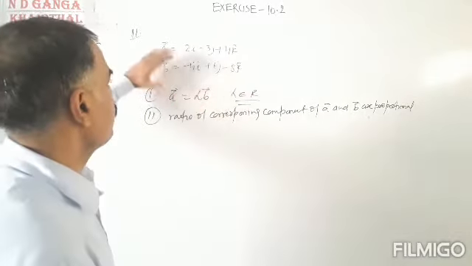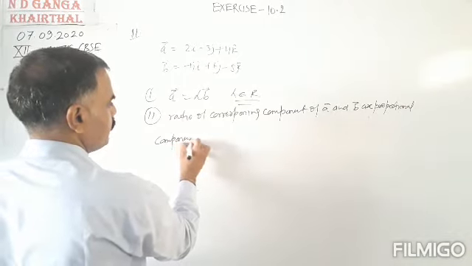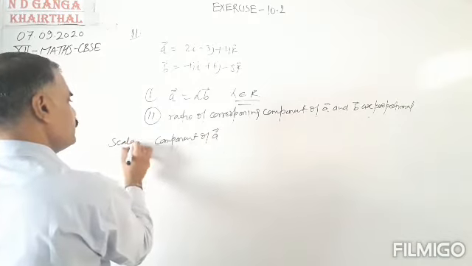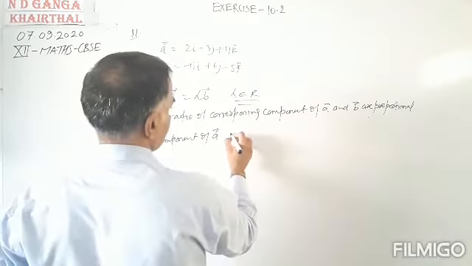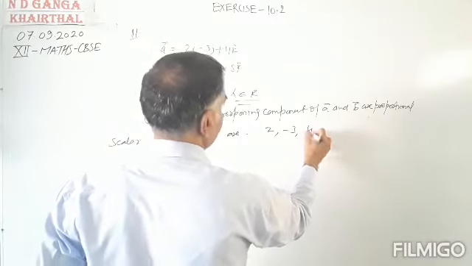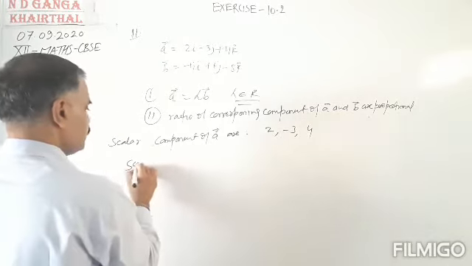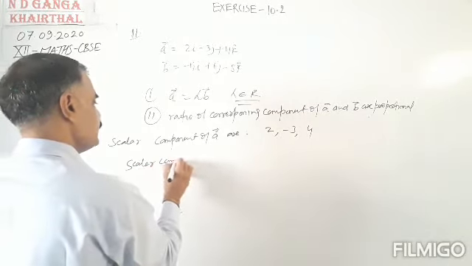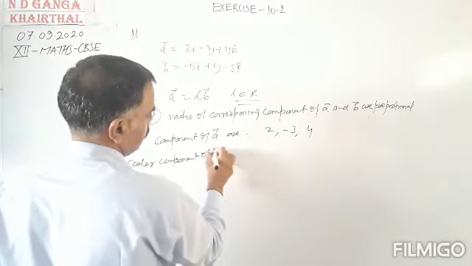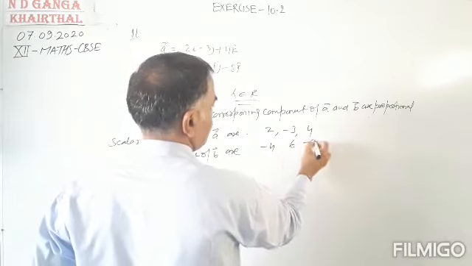Now the scalar components of a vector are 2, -3 and 4. Scalar components of b vector are -4, 6 and -8.